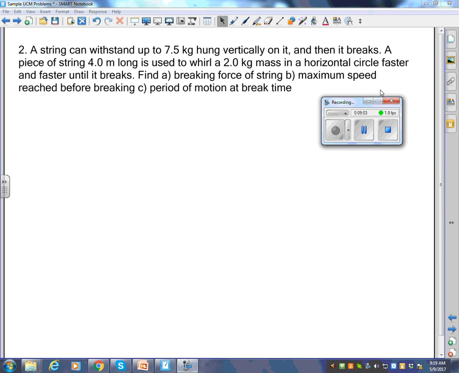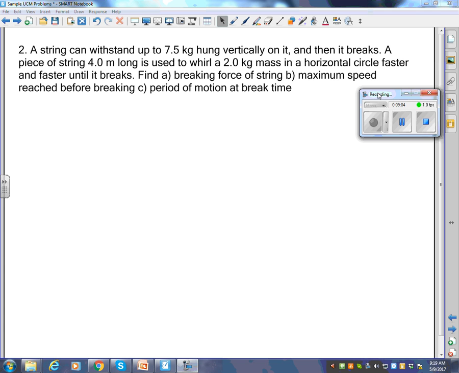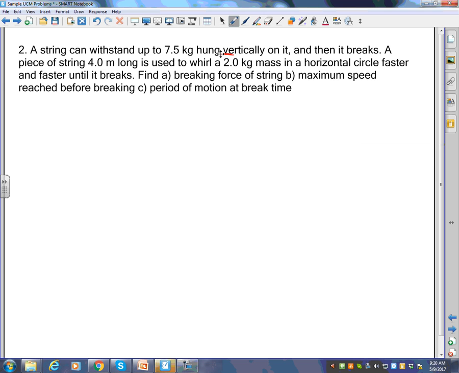Looking at question number 2 here, a little bit different. A string can withstand up to 7.5 kilograms hung vertically on it. Now you have to be careful. Always look for the word vertical or horizontal. In this particular question, the string can withstand up to 7.5 kilograms hung vertically on it, but the circle itself is a horizontal circle.